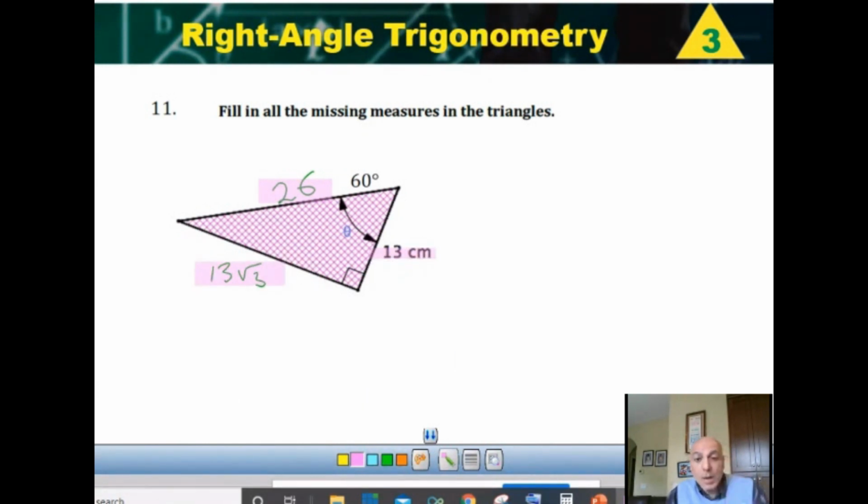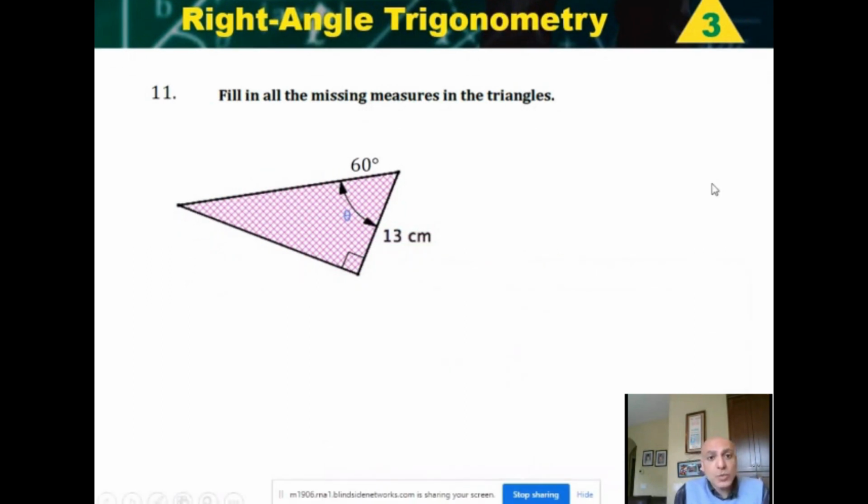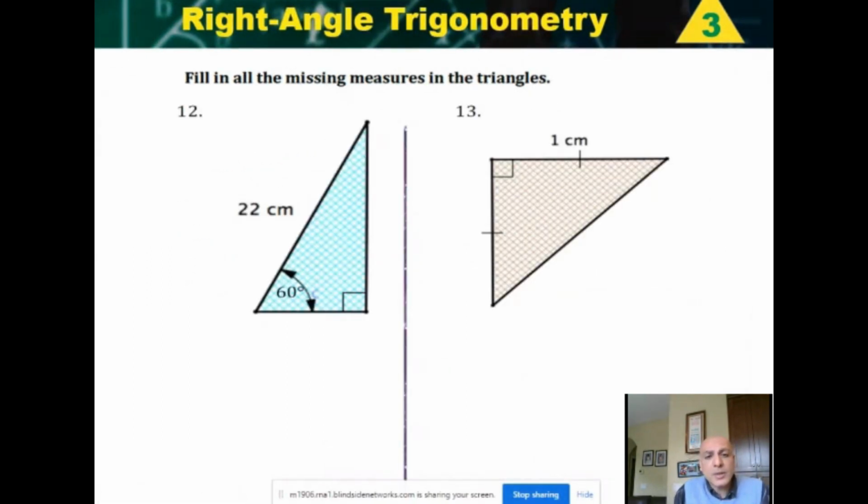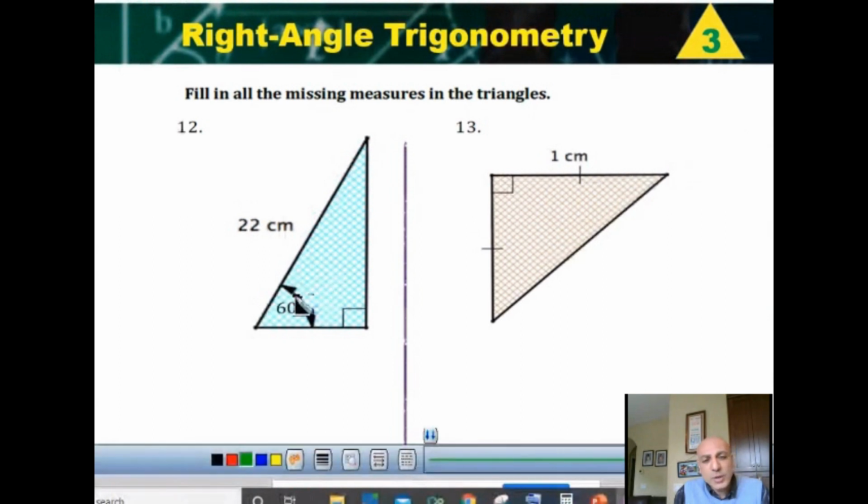Okay, let's take a look at this one here. I need to fill in the missing measurements again, and this is 22. I'm inside a 30-60 triangle, and this is a choice now. I know there is something that has to do with the hypotenuse.